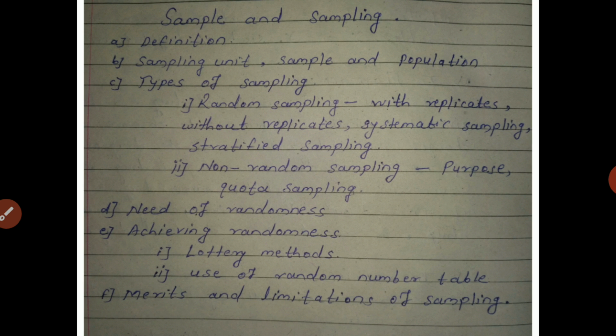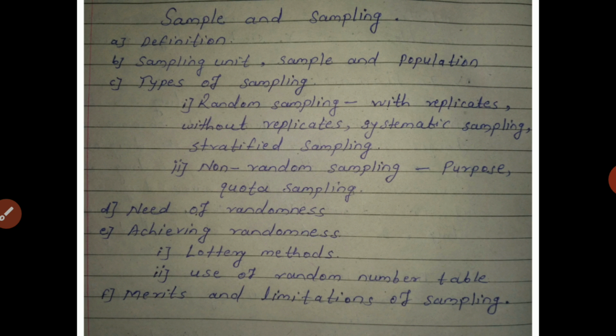In random sampling, with replicate random sampling is one in which the selected sample again has a chance of selection a second time. Then in without replicate sampling, once we select an individual sample, that sample does not have the opportunity to be selected again.